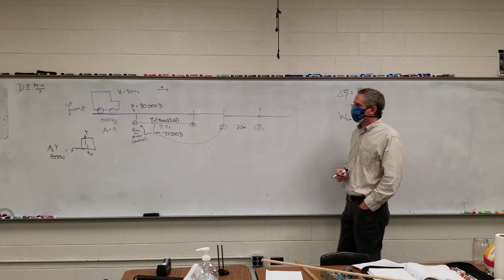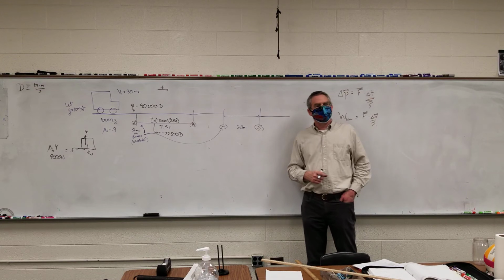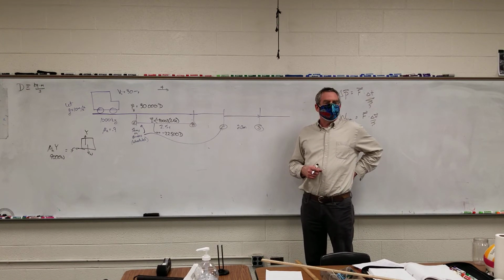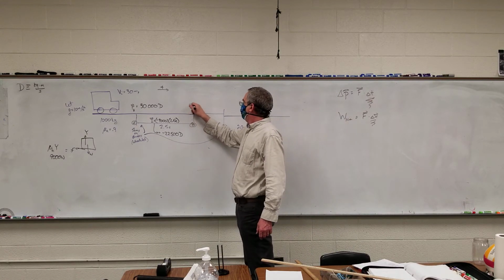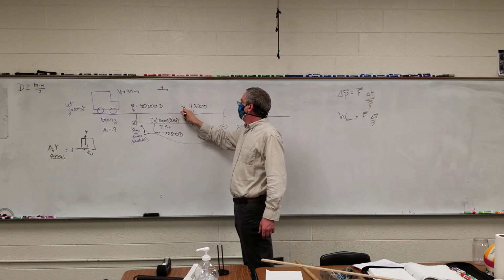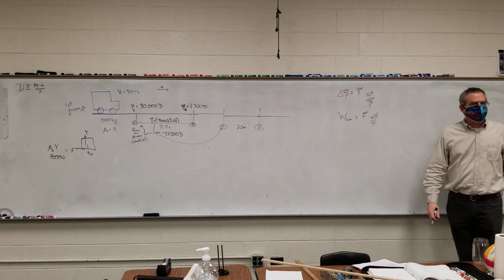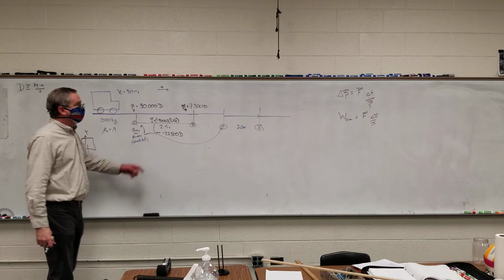So how much momentum does it have when the foot comes off the brake? 7,500 Descartes. All right. So that's how much momentum the car has. How fast is it going?